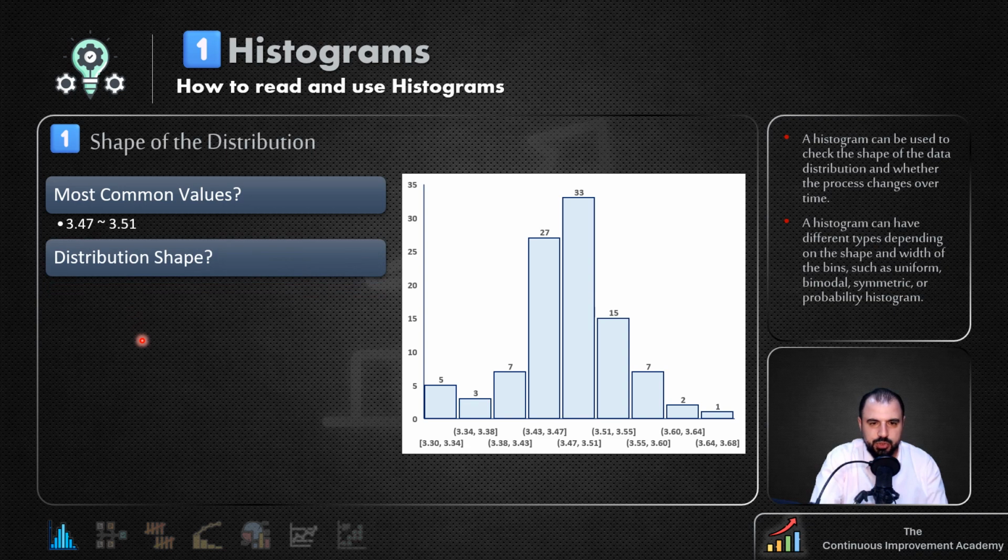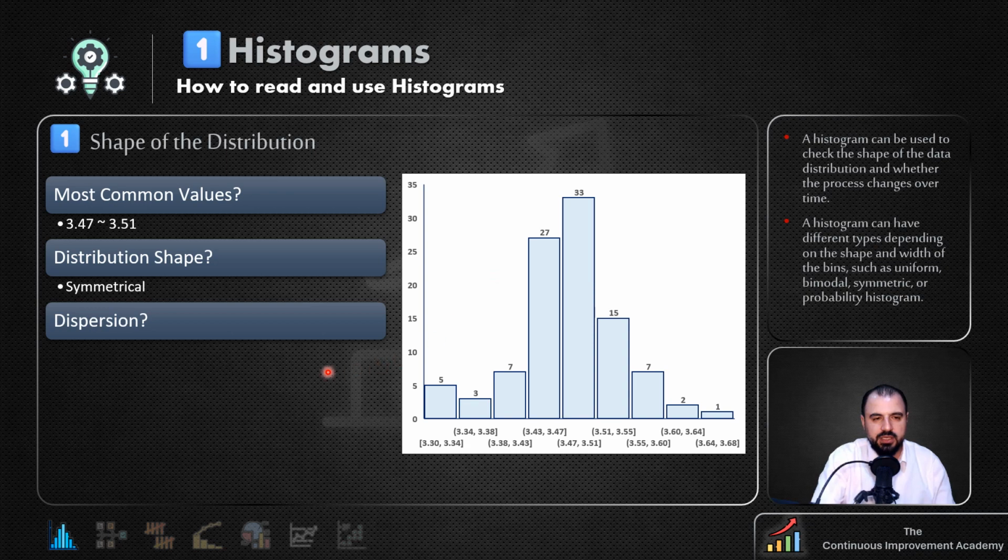So what is the distribution shape? This shape looks symmetrical, right? And it resembles the bell curve. The bell curve is what we call the normal distribution, because if you draw a line like this, you will see a bell curve shape.